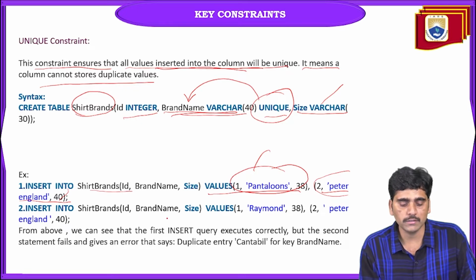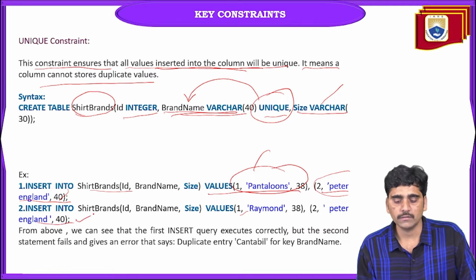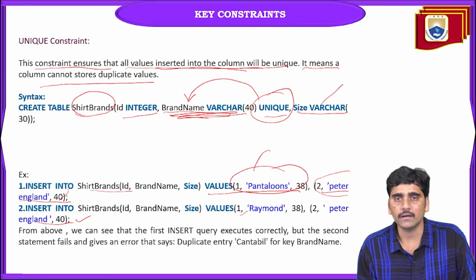Insert into shirt brands ID, brand name, size, values 1, Raymond, 38, and the second one is 2, Peter England, 40. Now what will it show? We are applying a unique constraint to the brand name column, and the brand names are Pantaloons, Peter England, Raymond, Peter England.